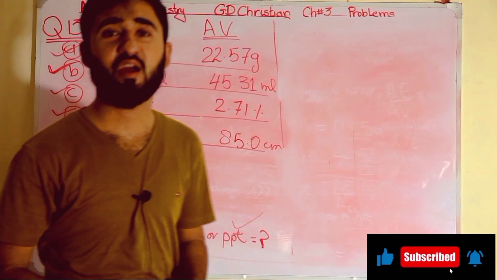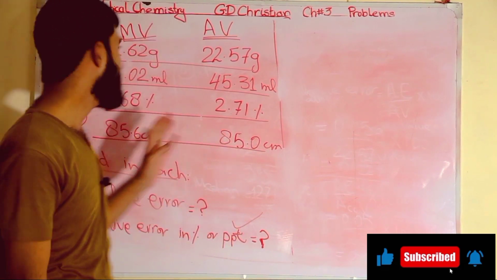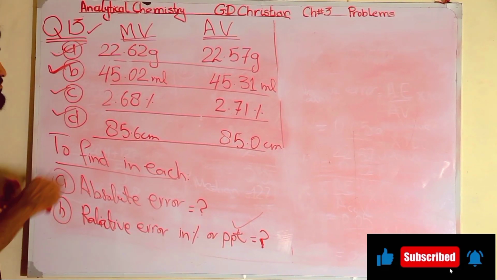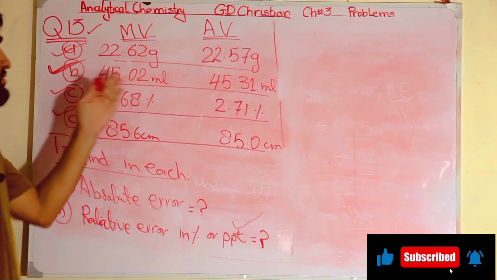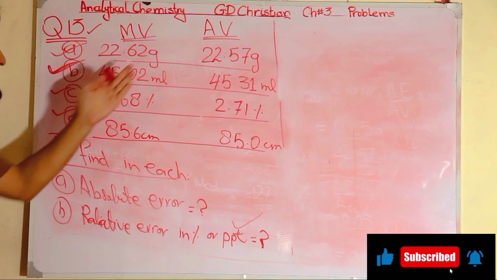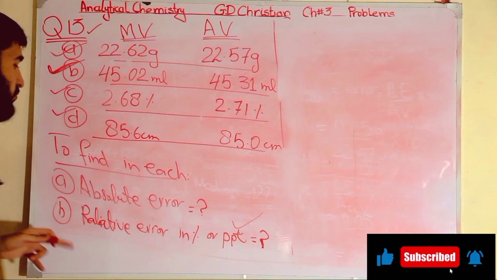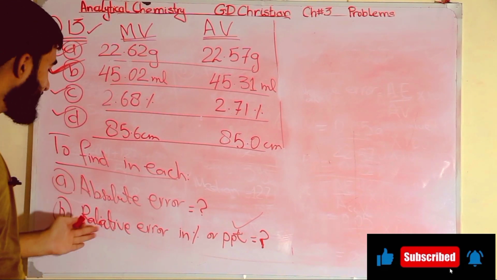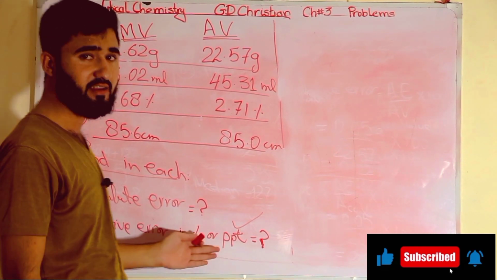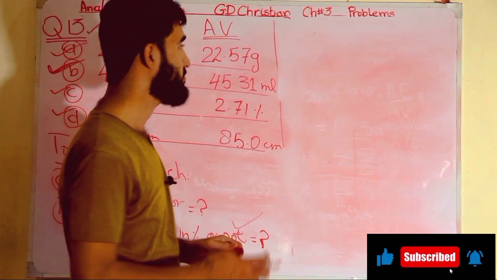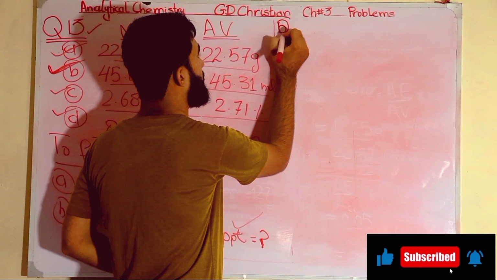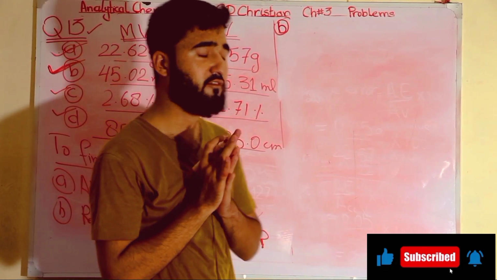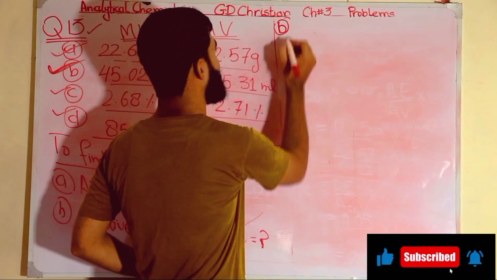Now students, we have to solve part B of numerical problem number 13. By using the measured value and accepted value of part B, we have to calculate the absolute error, relative percentage error and parts per thousand. First of all, we have to find absolute error.